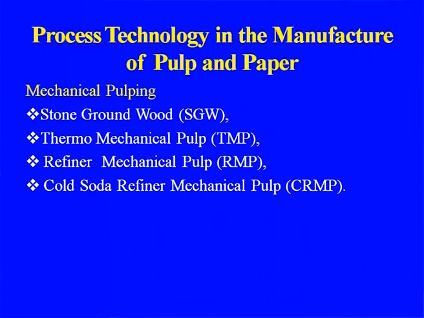So there is stone groundwood pulping, thermomechanical pulping, refiner mechanical pulping, and cold soda refining. Thermomechanical pulping, TMP, is used especially for newsprint, because in newsprint around 70%, the lion's share of the paper, is from mechanical pulp and the rest is from chemical pulp.